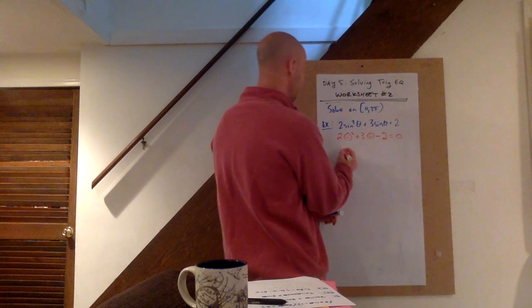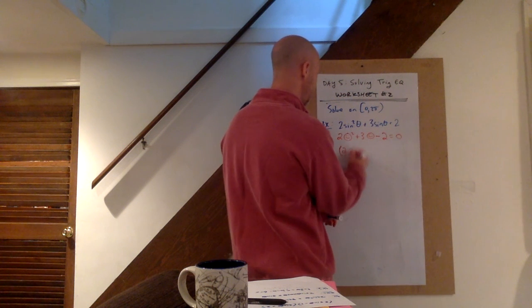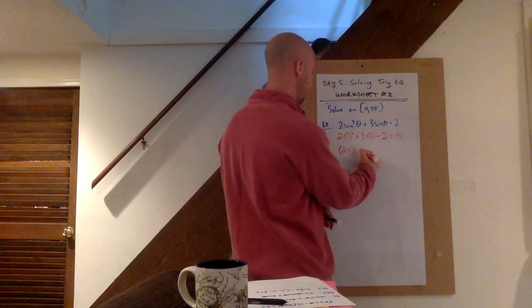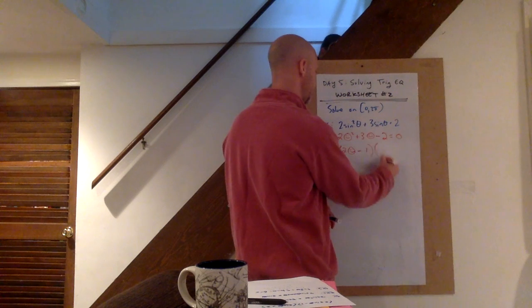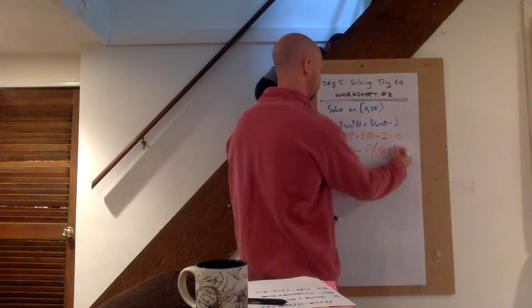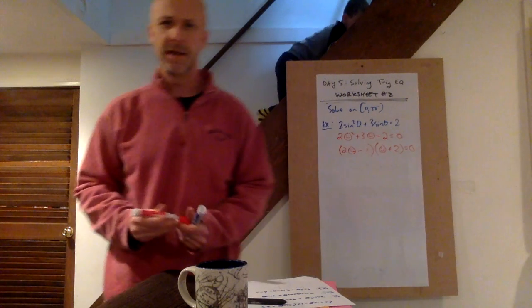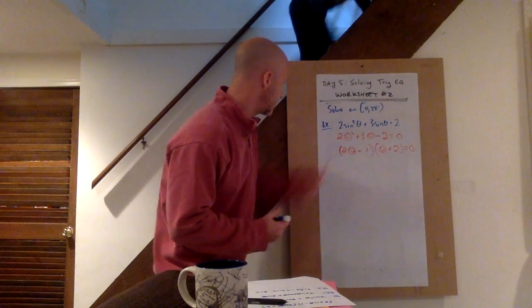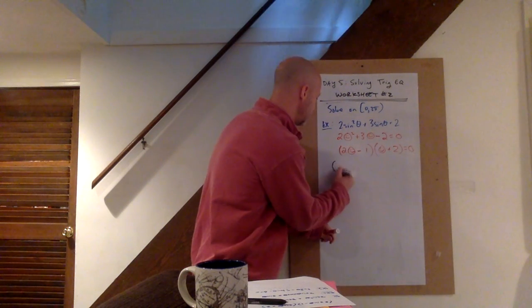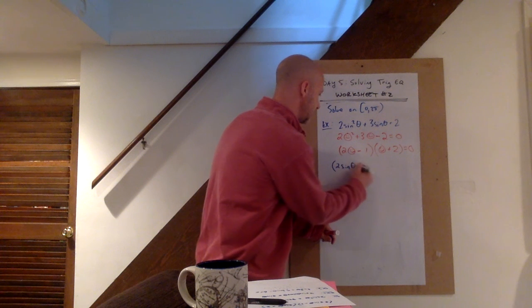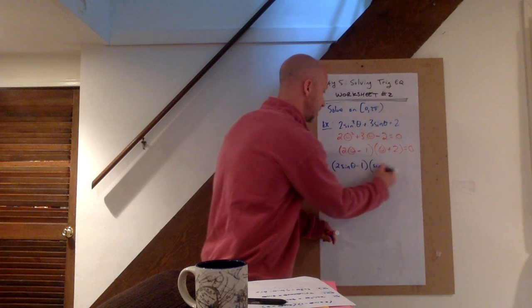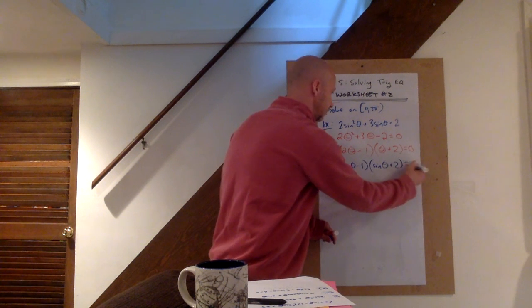And when we factor that, of course, we would get 2 happy face minus 1 times happy face plus 2 equals 0 to show the 2 linear factors, just like that. And of course, substituting sine theta back in for the happy face would give us the expression 2 sine theta minus 1 times sine theta plus 2 equals 0.